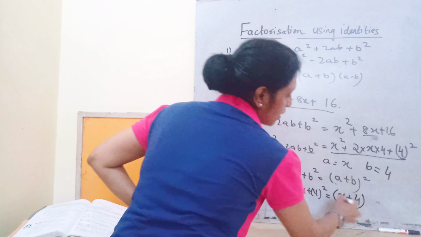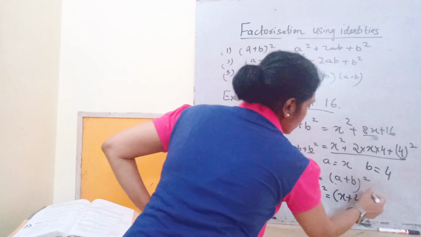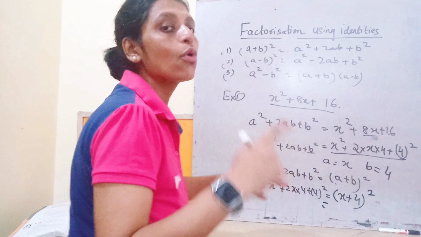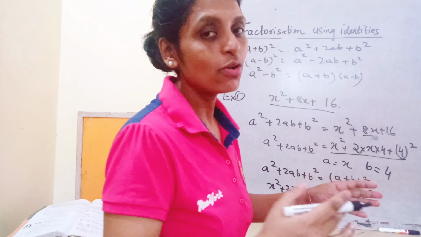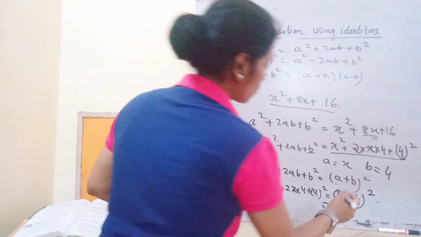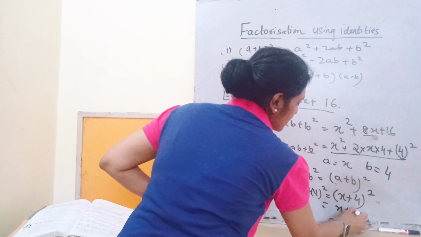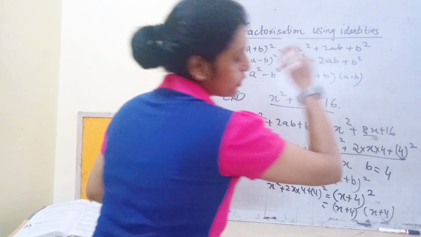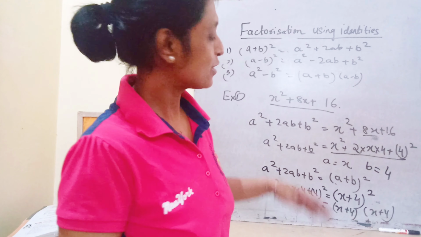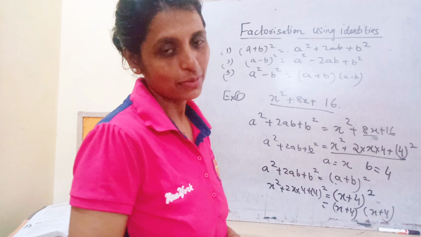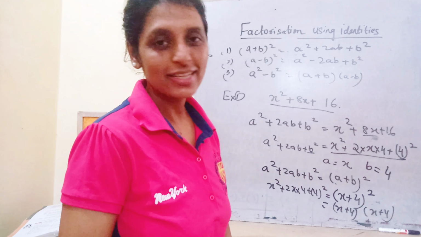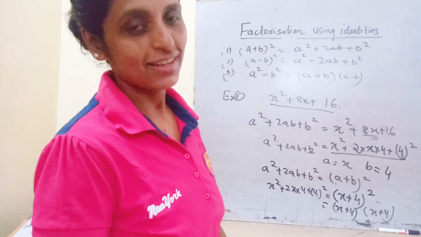Okay, so (x plus 4) whole square, or (x plus 4) whole square means (x plus 4) multiplied by (x plus 4). Here we can write (x plus 4) whole square as (x plus 4) into (x plus 4). So this is the factorization of the algebraic expression x square plus 8x plus 16.